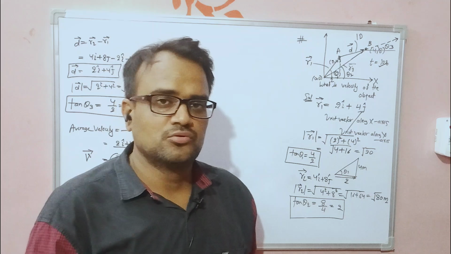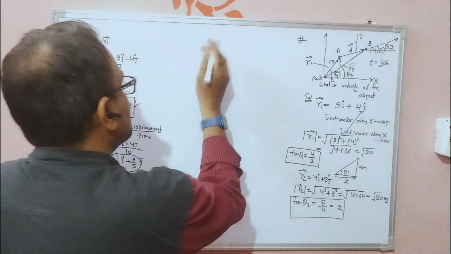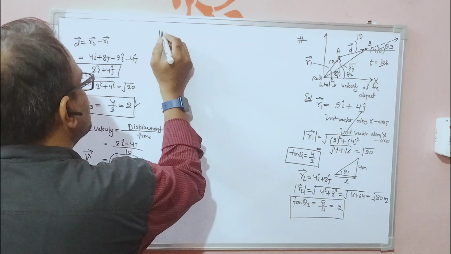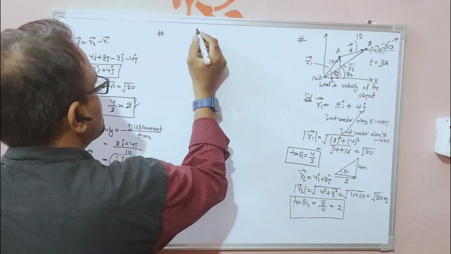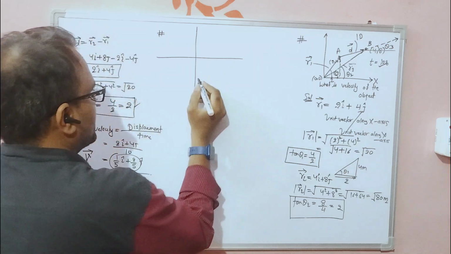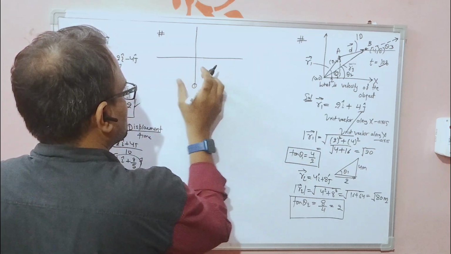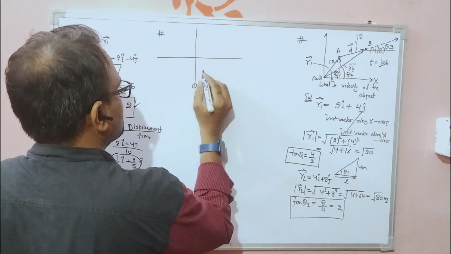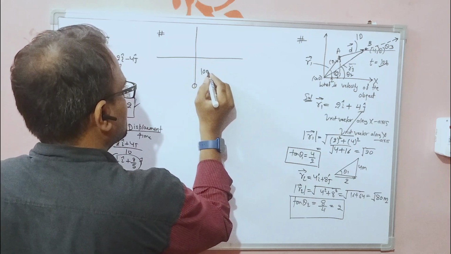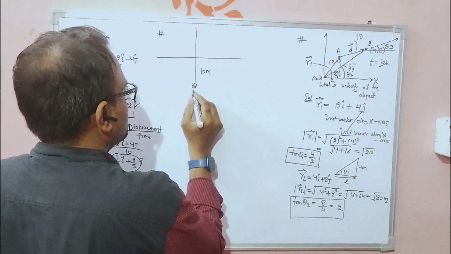So now let's do the question based on the second format, that is, the speed is constant but the direction is continuously changing. For this, let's assume this is the Cartesian coordinate system, and an object starts from here. The distance from the origin is 10 meters, along the negative y-axis, right?